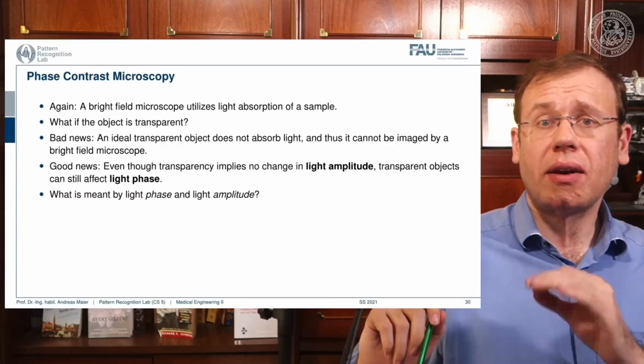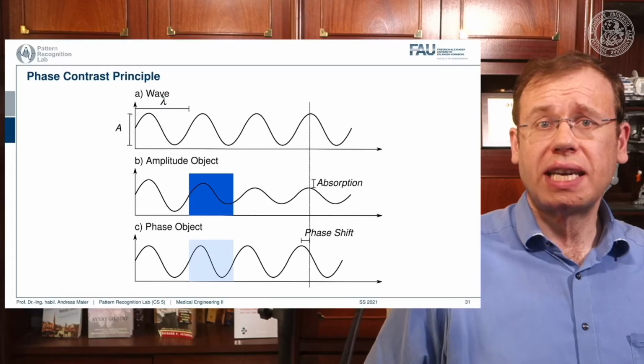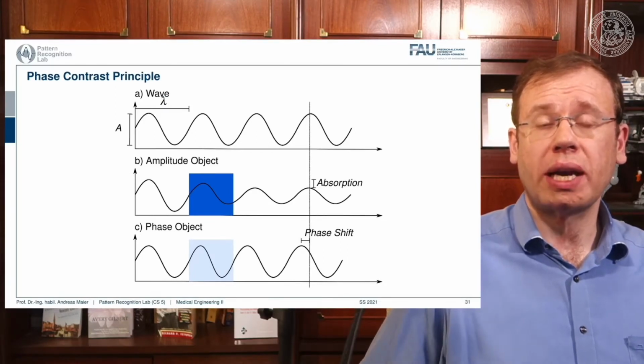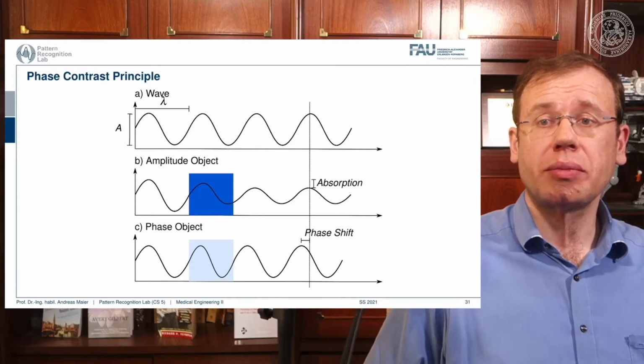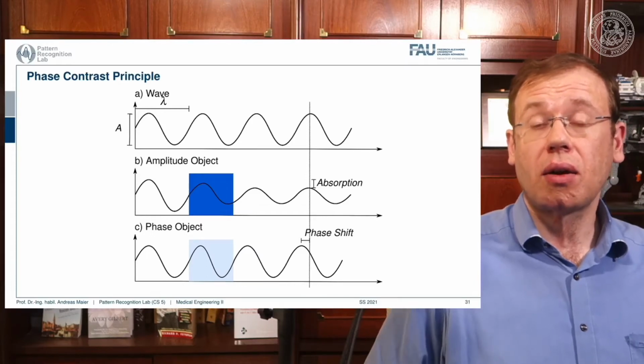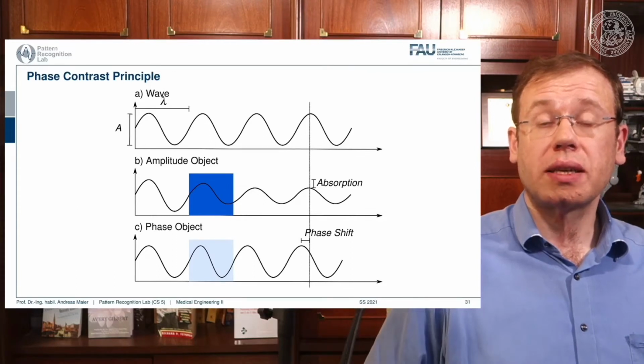So let's have a short review of what we mean with the phase and the amplitude. And here we have two different kinds of objects. We have a wave that just propagates through a medium, at a wavelength of lambda. So it has a fixed color or fixed energy here. And you can see that our amplitude object results in a reduction of amplitude of the wave.